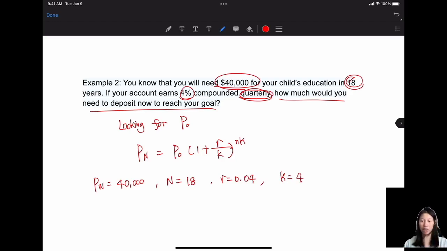Now we plug this in. We have 14,000 equals P sub 0 times (1 plus 0.04 over 4) to the power of 4 times 18. So how do we solve that?